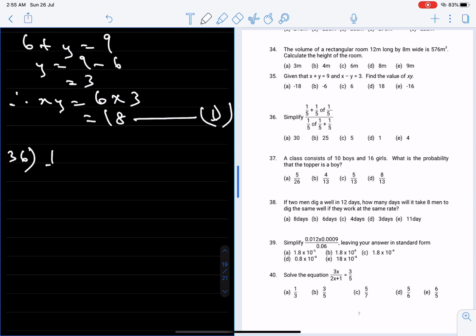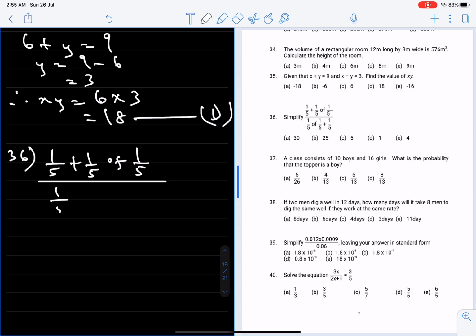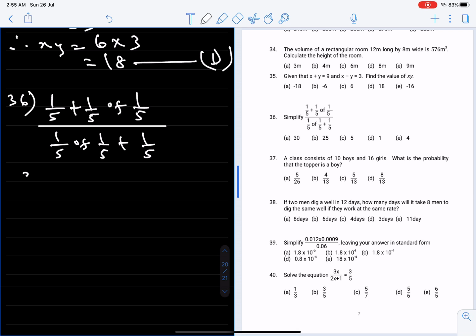Simplify. This looks quite murky. 1 over 5 plus 1 over 5 of 1 over 5, all over 1 over 5 of 1 over 5 plus 1 over 5. That's 1 over 5 plus 1 over 5 is 2 over 5, and of means times 1 over 5.